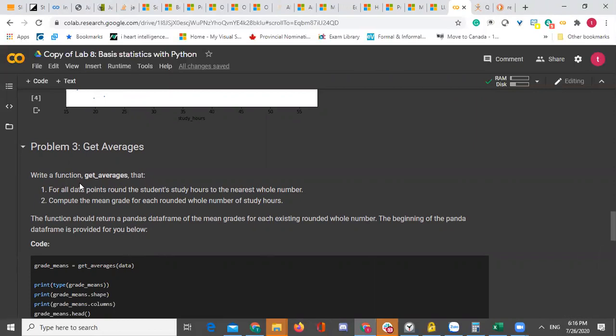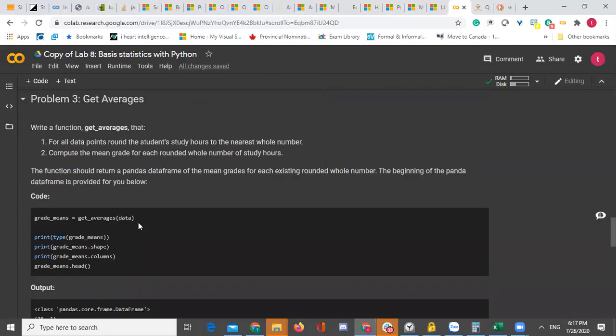Let me read this then. For all data points, round the student study hours to the nearest whole number, compute the mean grade for each round whole number of study hours.